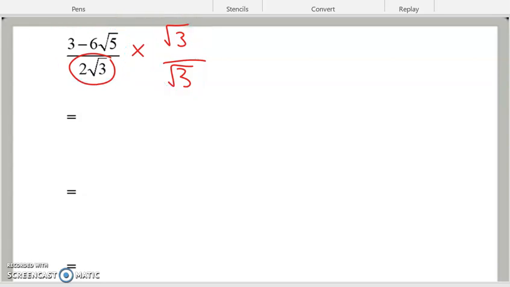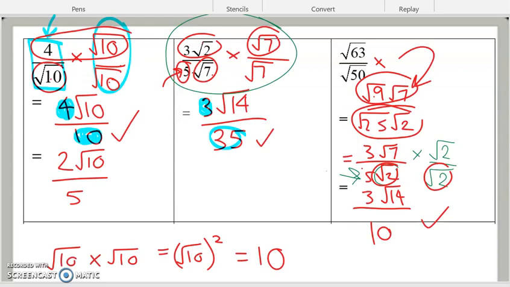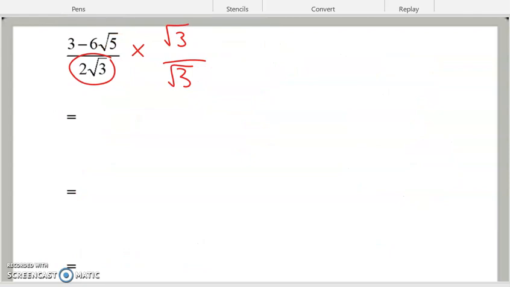Now, let's do it. The only difference with this question to the questions in the previous slide is that in those questions there's only one term in the numerator, and with this question, there are actually 2 terms there. So when you multiply by root 3, you're actually going to be doing root 3 multiplied by both of those terms, and a good idea is to write it out like this first.